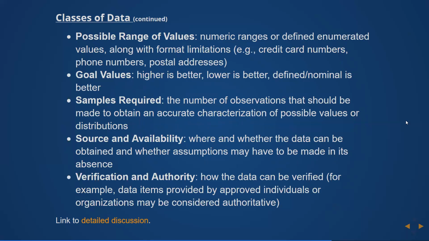That's an important consideration. The number of samples you need, we'll touch on that in more detail directly. The source and availability of the data is important, as is the authority and ability to verify.